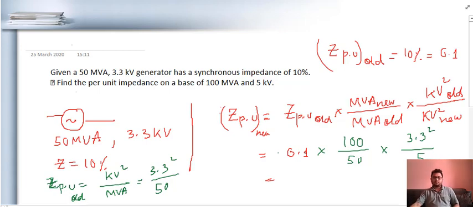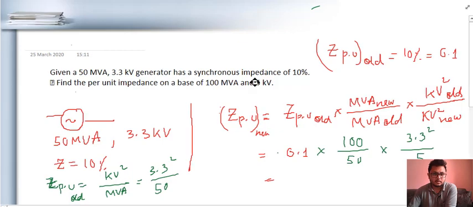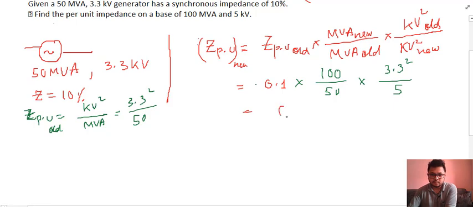Now you calculate the value: 0.1 into 100 over 50 into 3.3 squared over 5 squared. After calculation you will get 0.4356. So this is the answer.